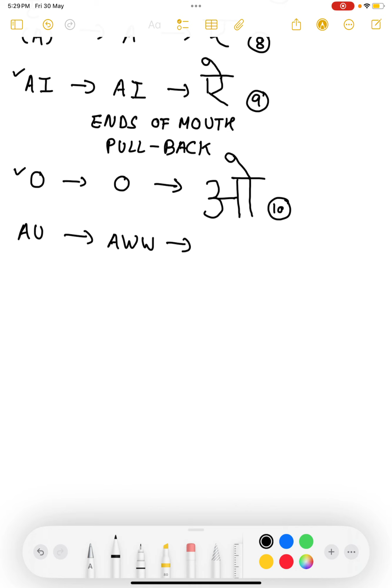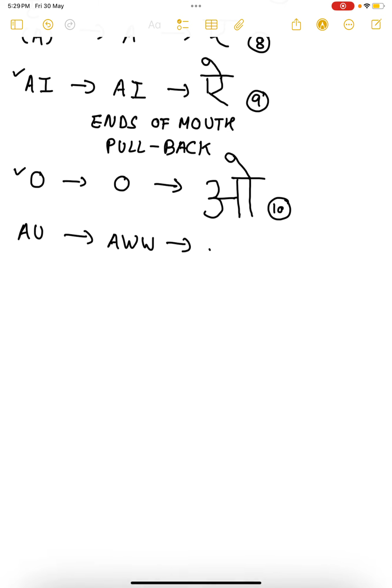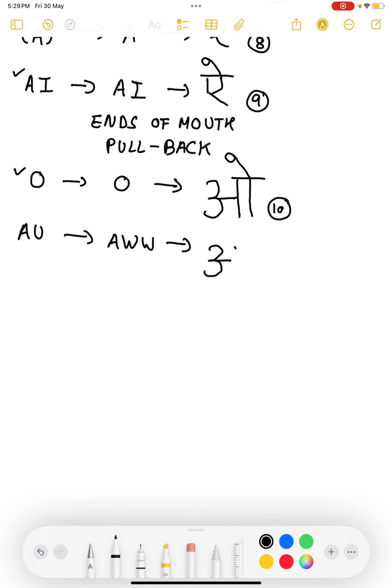To write it down, you draw something like O first, and instead of one arm you put another slant arm on the top of the line. So number 10 has one single slant arm on the top, and number 11 has two arms on the top.